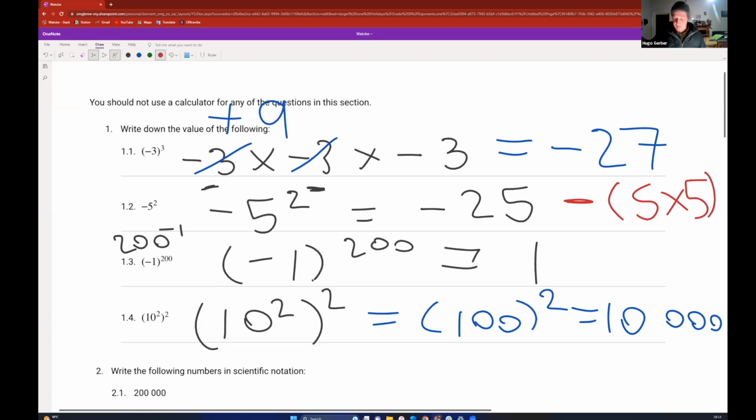But like in number 1, where we had the bracket and the negative was included in the bracket, that's why we said negative 3 times negative 3 times negative 3. But now that there's no bracket, the order is closer to the 5 than the minus. So the minus stands aside, and we do 5 times 5, and then we bring back the minus.